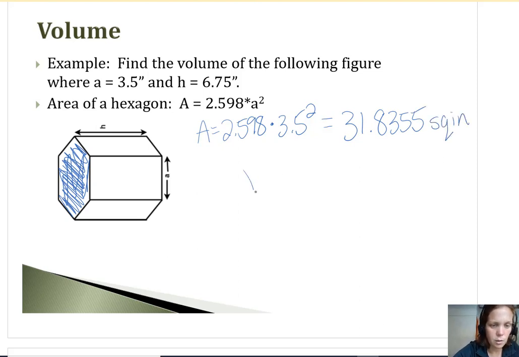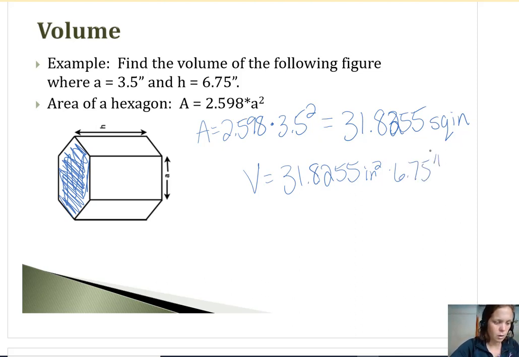So now to get the volume, I'm going to take the 31.8255 square inches times the height of 6.75, and we get 214.82. Now we're in cubic inches.